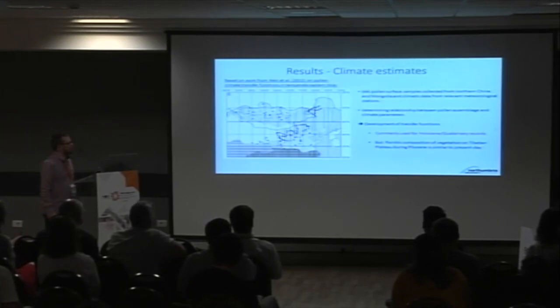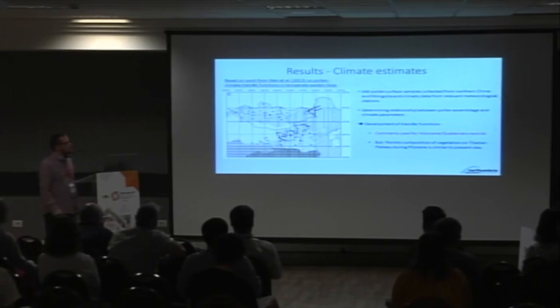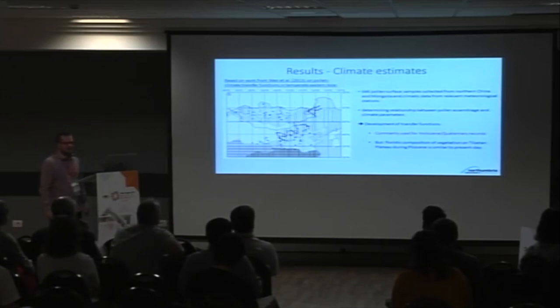So how do we transfer our pollen signal for the mid-Piacenzian into climate estimates in terms of precipitation or temperature? Here I'm using a study from Wen et al., who was looking at pollen climate transfer functions in temperate Eastern Asia. He was looking at various modern pollen surfaces combined with meteorological data such as precipitation, temperature, winter temperature, and summer temperature, to determine a relationship between the pollen and our climate parameters.